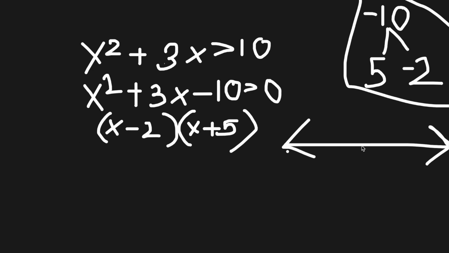So on the number line, our values would be 2 and -5. And we're trying to find which part of the number line makes this entire expression a valid positive number as a total.